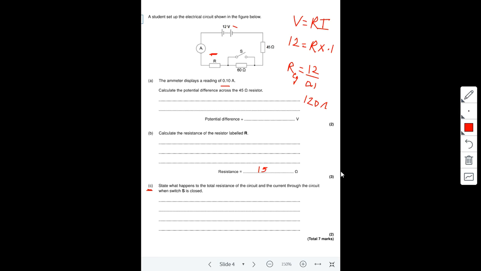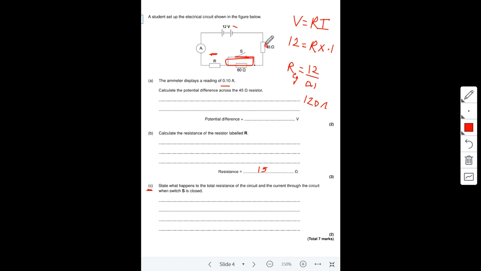When S is closed, current will not flow through this one, so it will start behaving like a closed circuit.